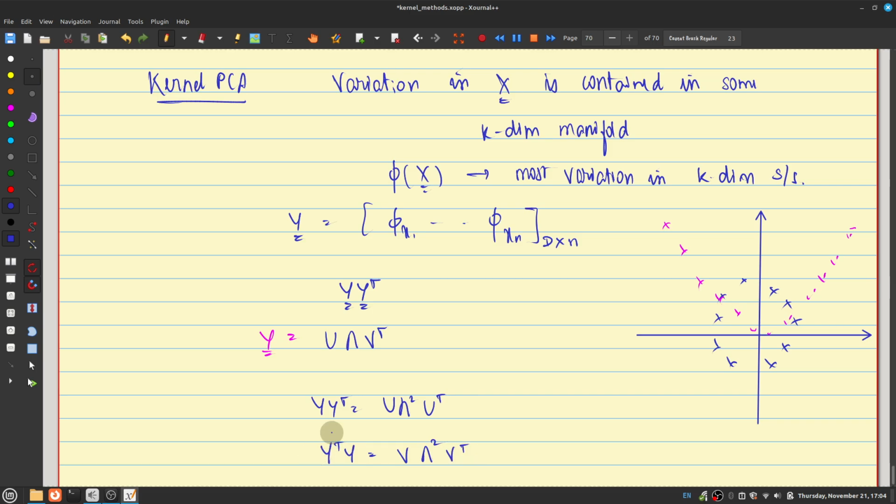But what exactly is Y transpose Y in terms of the data matrix? The ij-th entry of Y transpose Y is the inner product between phi of xi and phi of xj, which is the kernel matrix. So this is the kernel matrix K.